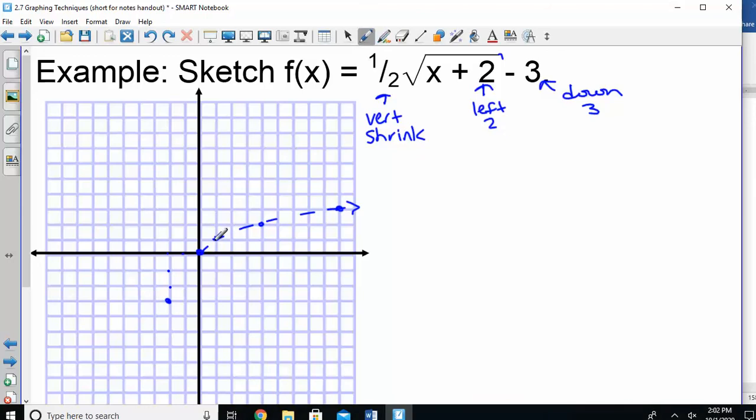This has a y value of 1, times a half would be a half, plus 2, down 3. Here I have a y value of 2. 2 times a half is 1, left 2, down 3. And I get my graph. Questions on that one?